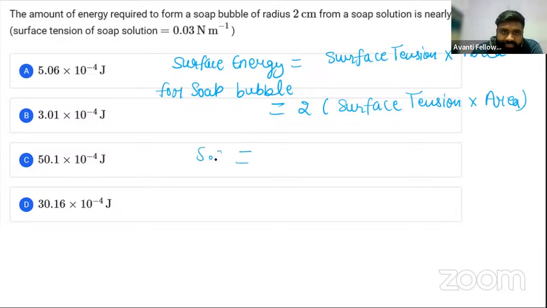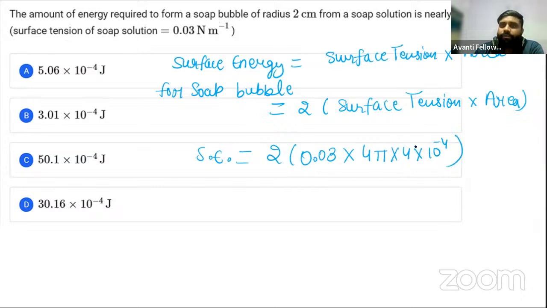Now, surface energy is 2 into surface tension, which is 0.03 Newton per meter. Area, because it is a bubble of spherical shape, will be 4 pi r square, and radius is given to you as 2 centimeter. So you need to convert it into meter. So this will be 4 into 10 raised to the power minus 4. So this whole will become 0.06 into 16 pi into 10 raised to the power minus 4.